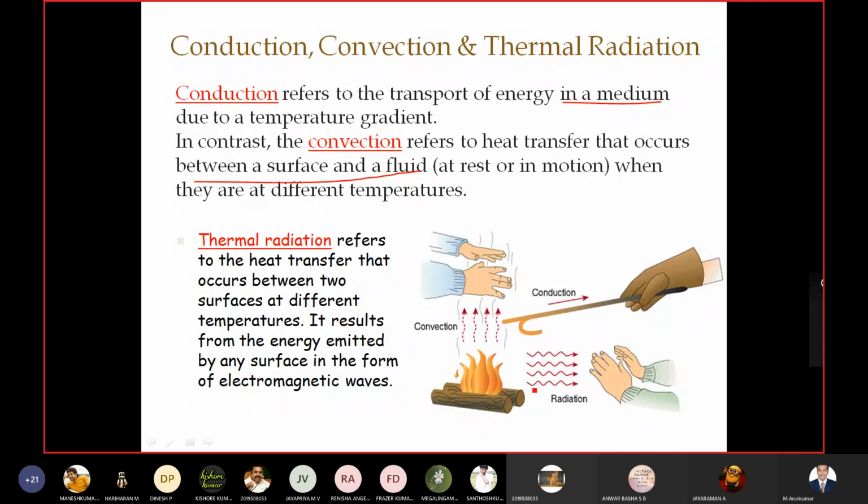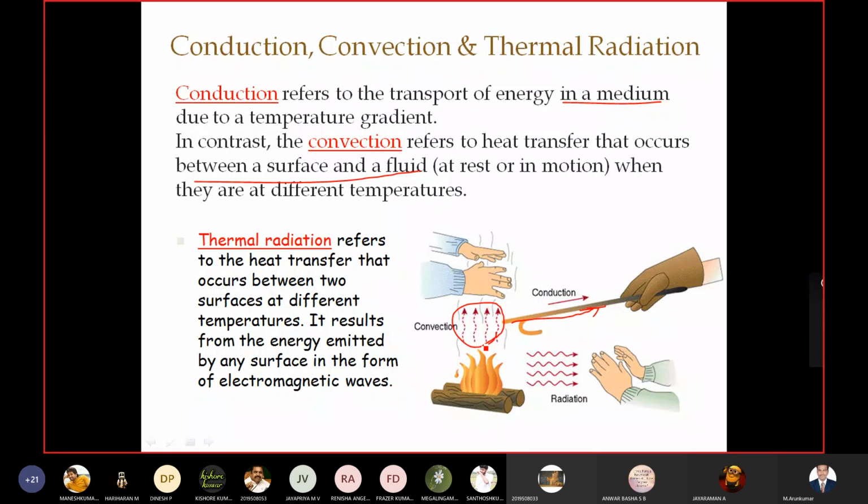So the heat transfer from this heat source to the hand, through this solid medium, is happening because of conduction. Then you may feel the temperature above the heat source because of convection, since there is air inside this region.